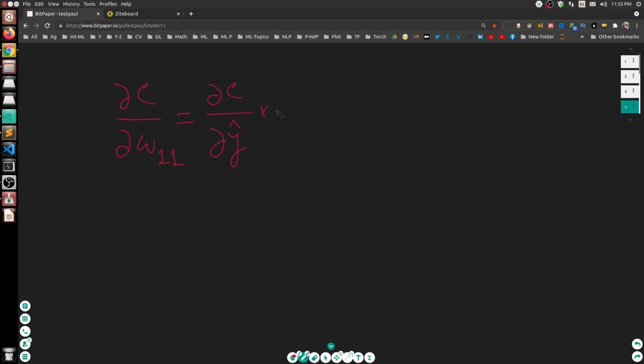y hat into del... and the final one is del H11 with respect to... A relatively simpler way to remember this is that each of these factors cancels out, like del y hat cancels out with del y hat here, and similarly here and here.